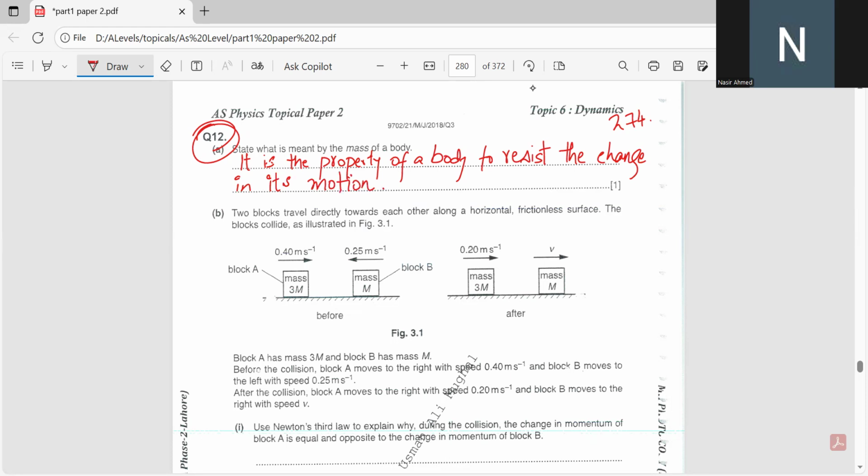Okay, it is the property of an object to resist the change in its motion that is known as mass.